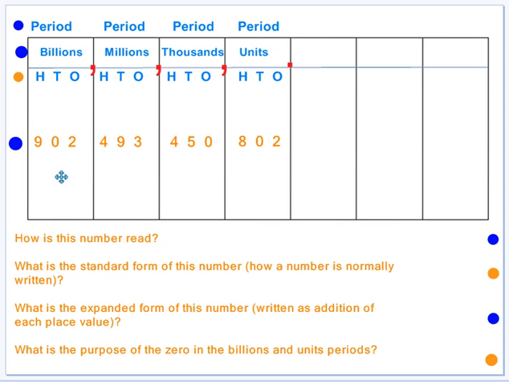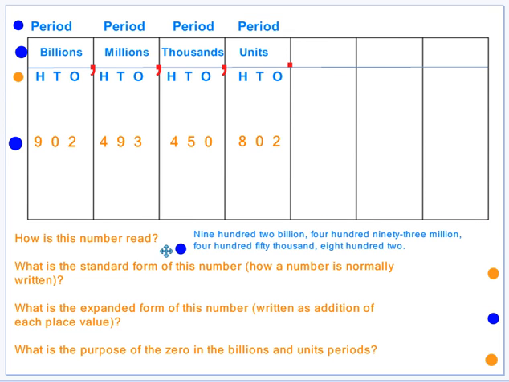So I look at just the billions and I read the number 902, and then I say the name of the period that I'm in. So that would be 902 billions, 493 millions, 450 thousands, 802.